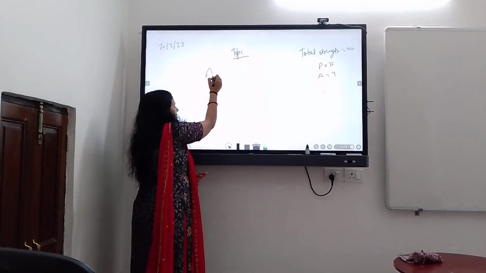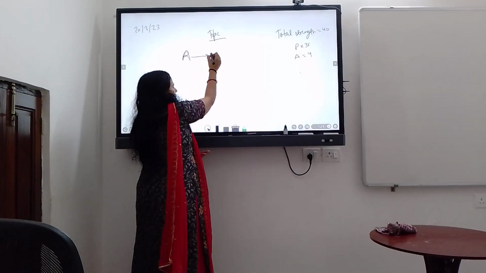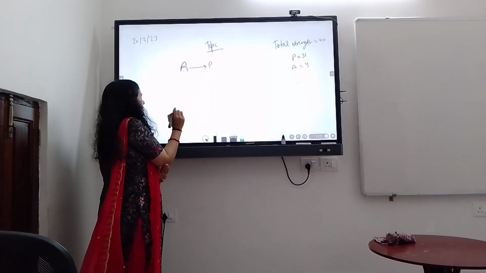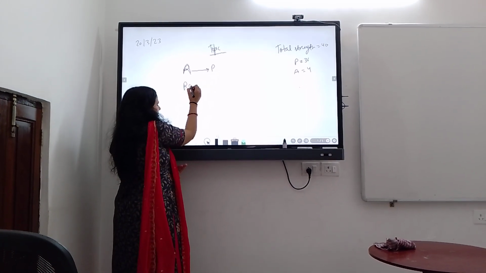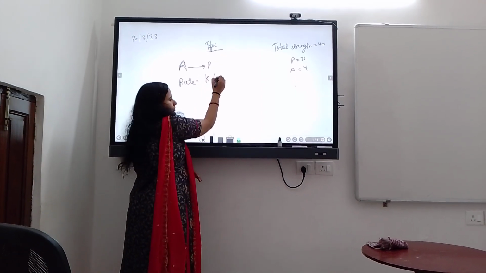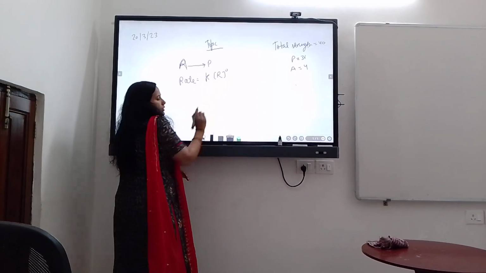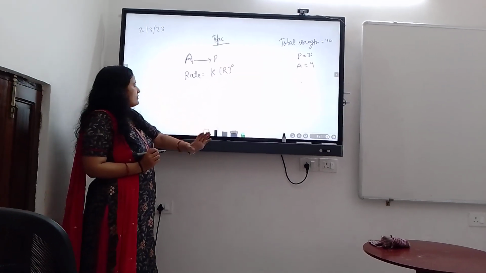Consider a generalized reaction in which reactant R is converted to the product P. The zero order reaction is a reaction in which the rate of the reaction is independent of the concentration of the reactant molecule. R raised to power 0 means 1, equal to 1.